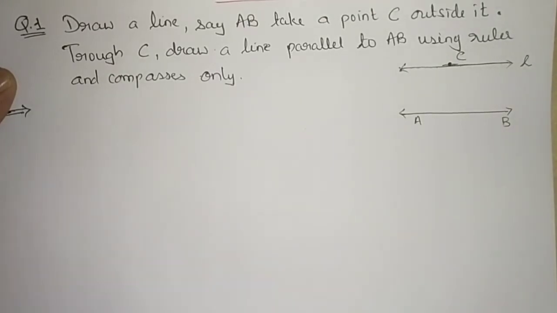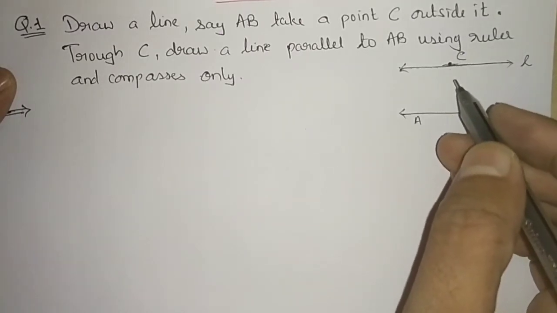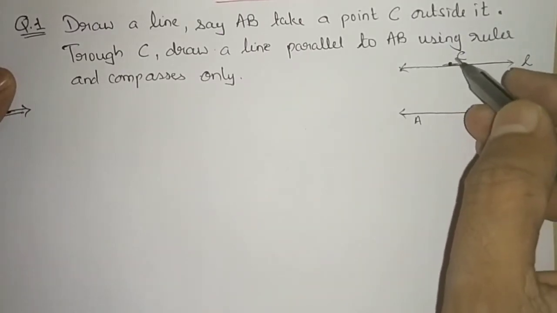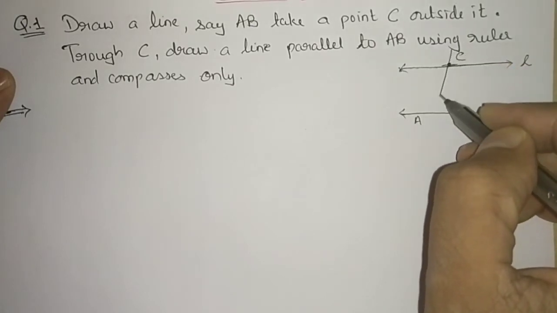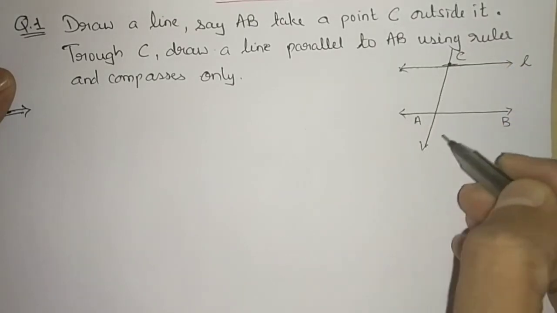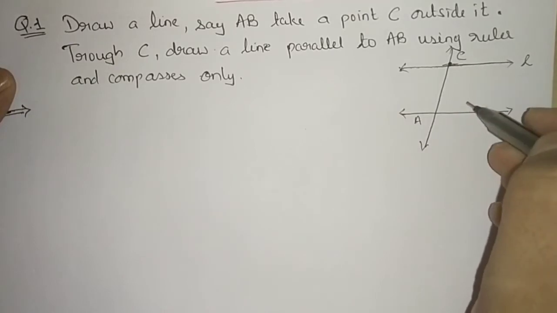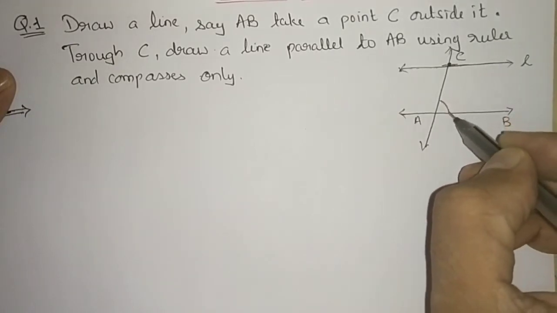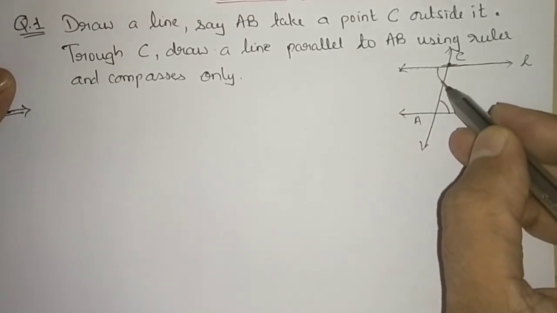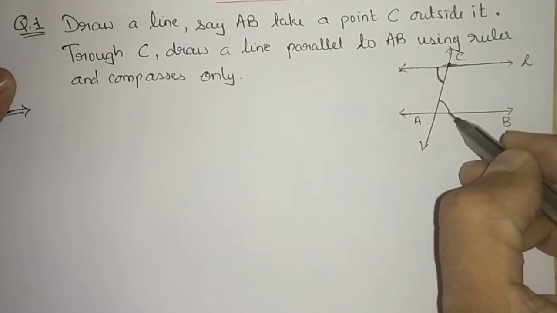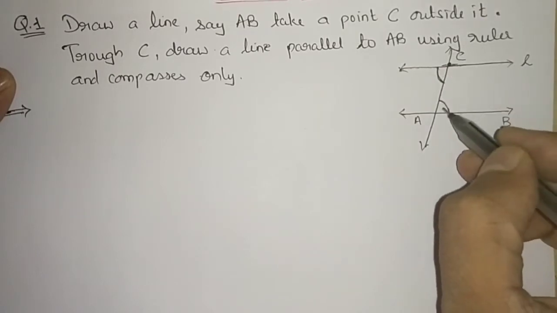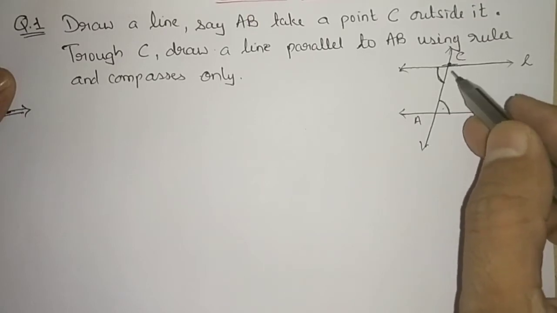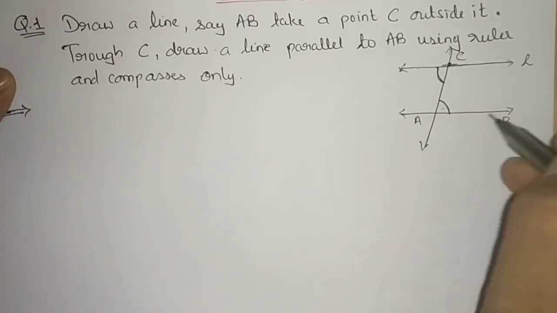So how we will draw this construction? We have studied in chapter number 5 that when a transversal passes through two lines and alternate interior angles, that is, these two angles are equal, then we can say that L is parallel to AB.